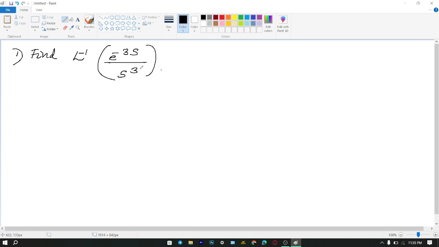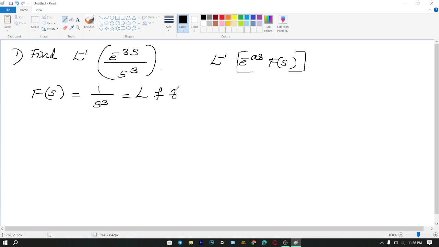Now, this question is of the form L inverse of e raised to minus as into F of s. When comparing these two, we can see that F of s equals 1 by s cube. What is F of s? F of s means L of f of t. Now, from this, you can find f of t.